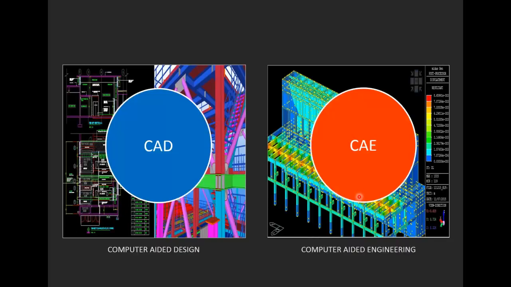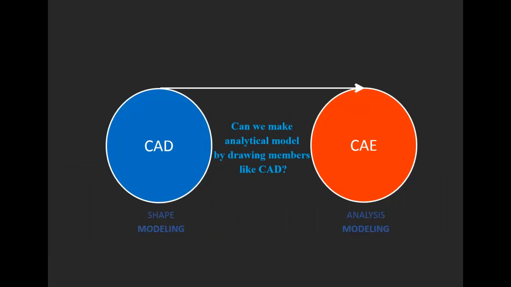Have you ever thought about CAD programs like AutoCAD or Tekla, which draw the drawings or shapes, and CAE products like STAAD or ETABS, which interpret and design? Are they combined together? Can we actually make the CAD drawing and the CAE drawing an analytical model itself?